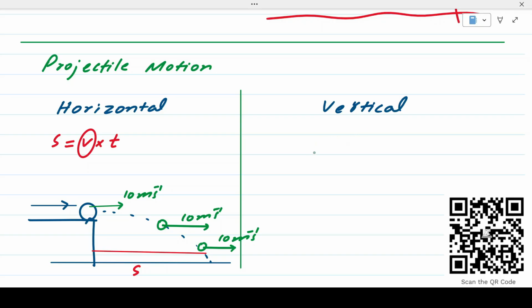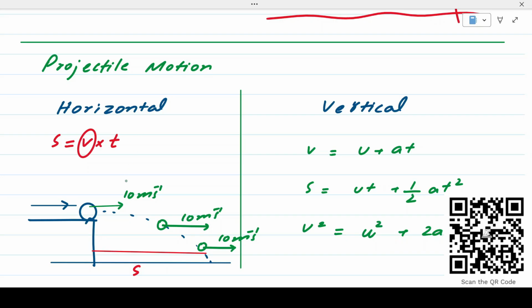For vertical motion, you have three equations. v equals u plus at. Then s equals ut plus 1 over 2 at square. And then v square equals u square plus 2as. All the equations of motion. Why? Because vertically it accelerates.